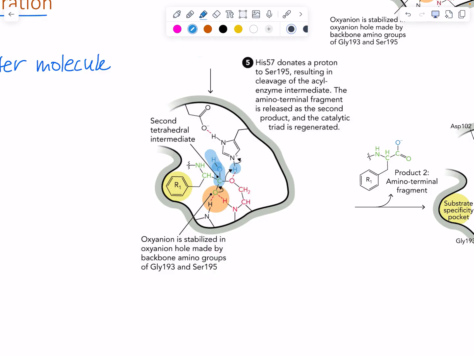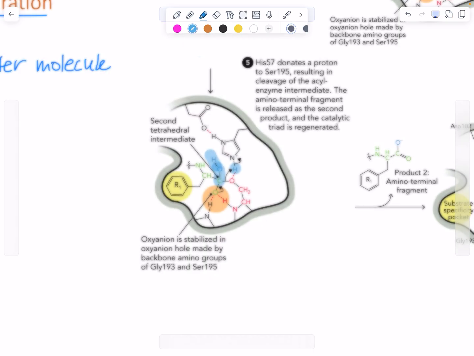is protonated again, and we've got to get rid of that proton, okay? So what's going to happen is the way we're going to regenerate everyone in the way we want, right?